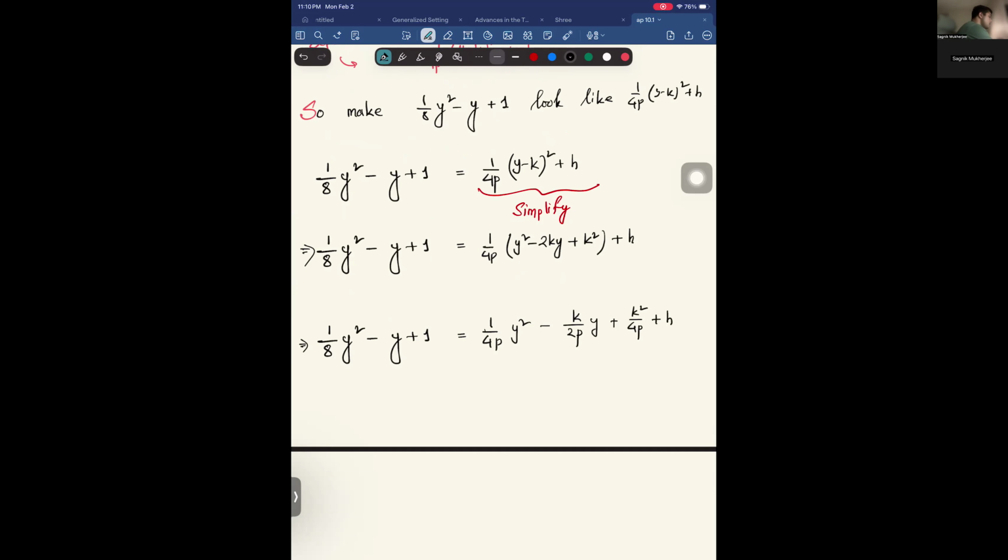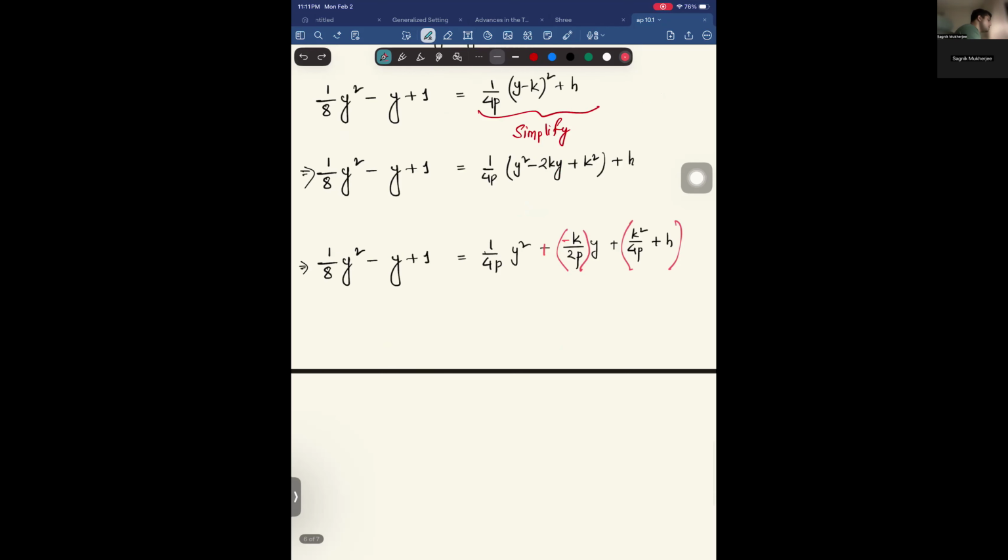Right? Now gather the constant, gather the y term, and what should you do now? Just compare, right? So this is plus negative y. My bad. So compare.